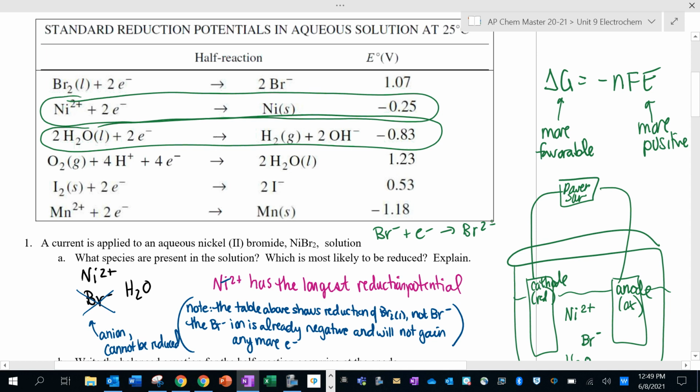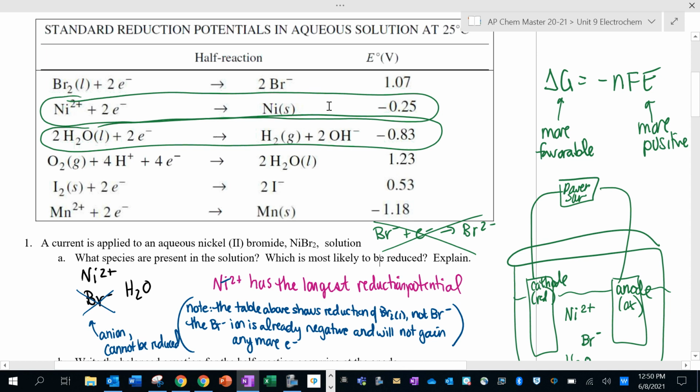The bromide ion is already negative, so it's not likely to gain another electron. Notice that's not even a possibility, which is why I crossed bromide off our list. Our anions are already negative and are not going to gain another electron, so our anion cannot be any further reduced.